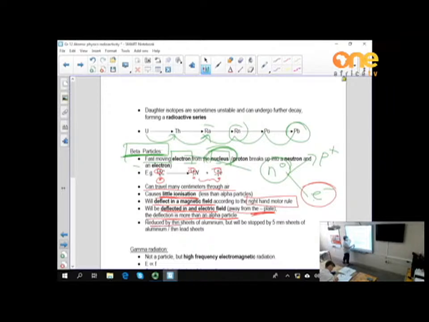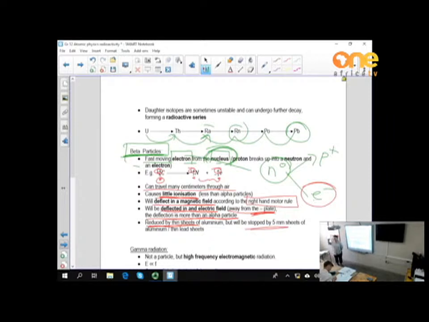We can reduce the amount of beta particles by very thin sheets of aluminium, for example, aluminium foil. It will be stopped by approximately 5 millimeter sheets of aluminium or thin lead sheets.